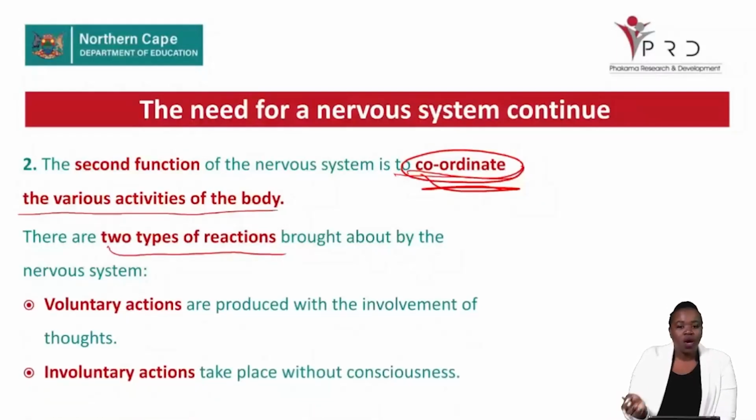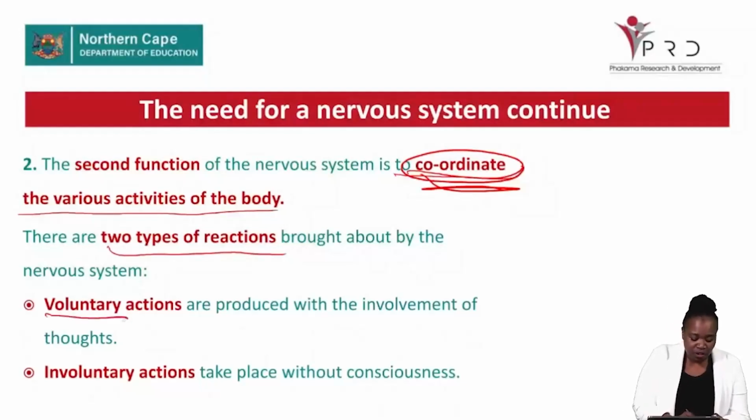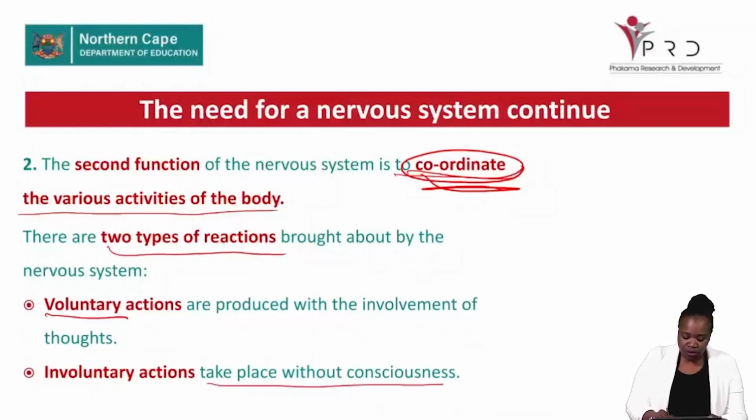So we have actions whereby we decide that we want to do this kind of action. So we would voluntarily do that action, right? And then with involuntary actions, these are those actions that take place without any kind of consciousness, right? So those are actions that you would do without having to think about them. An example of that would be a knee jerk.